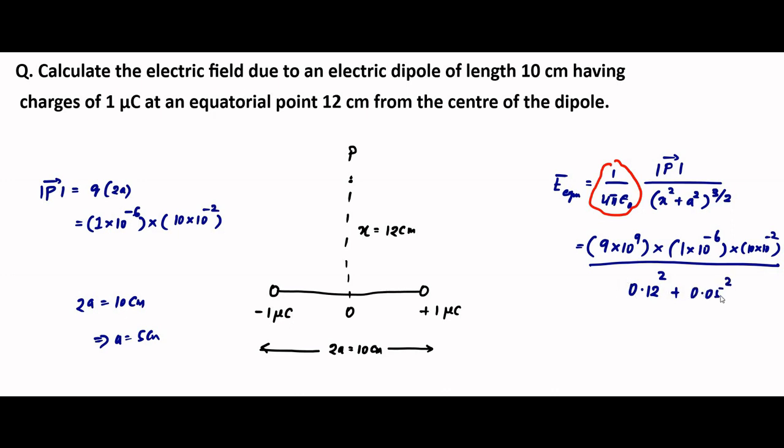If we calculate the result, it is coming around 4.096 into 10 to the power 5 Newton per coulomb.